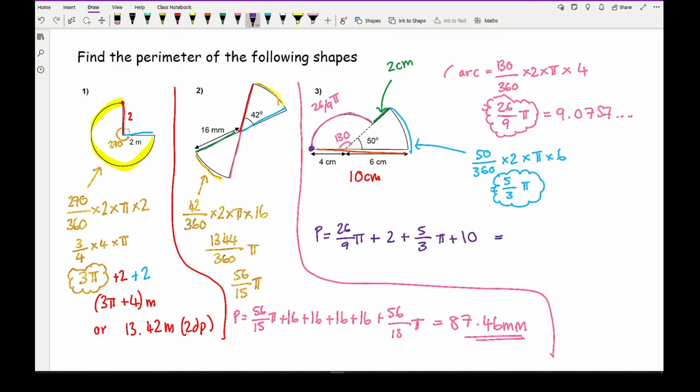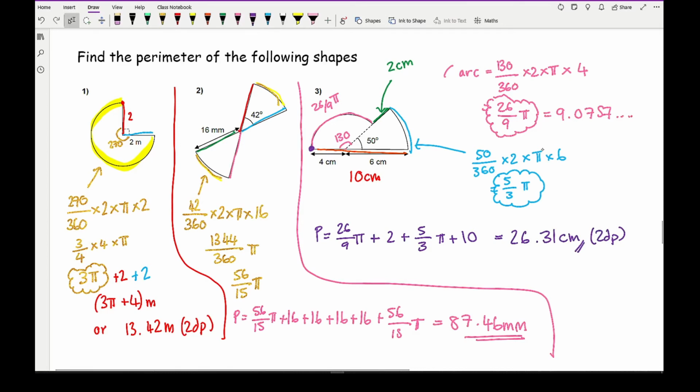So I'm just going to type that all into my calculator. 26 over 9 pi plus 2 plus 5 over 3 pi plus 10, and that gives me an answer of 26.31, and that's in centimeters, to 2 decimal places, and there is my final answer.